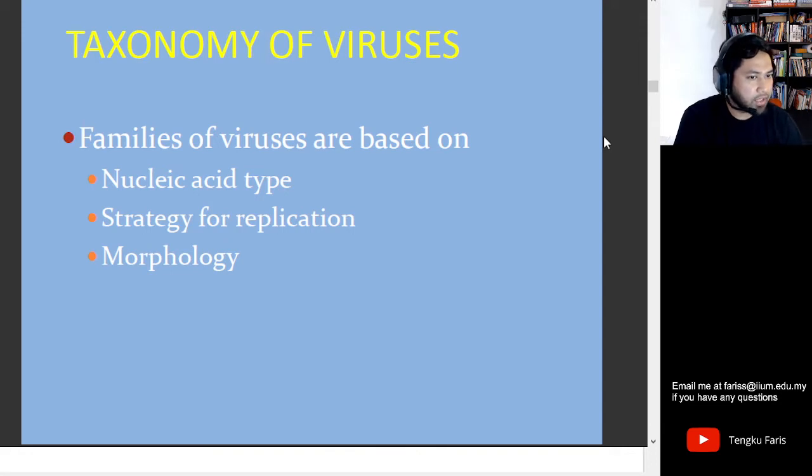By looking at the type of replication, how do they replicate? Is it through the lysogenic cycle or the lytic cycle? Then you can know what these viruses are. Based on the morphology, the presence of capsomere or the capsid or envelope, you can determine where these viruses belong.